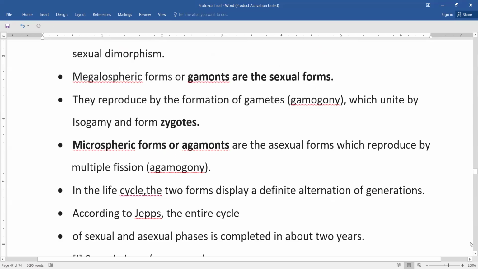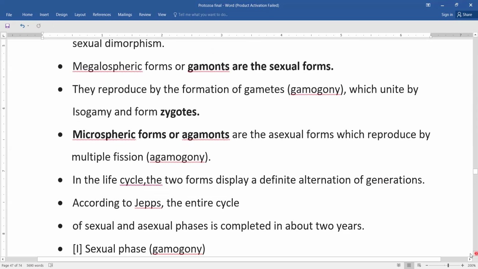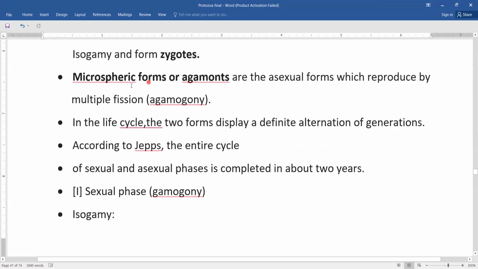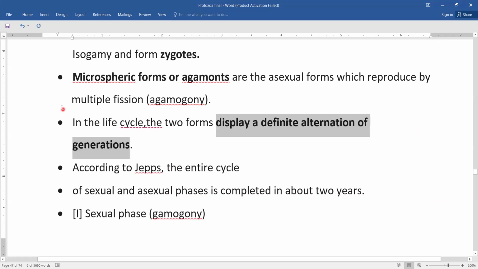Microspheric forms are agamonts. They undergo asexual reproduction by multiple fission, called agamogony. They display alternation of generation. This is a clear example of alternation of generation.